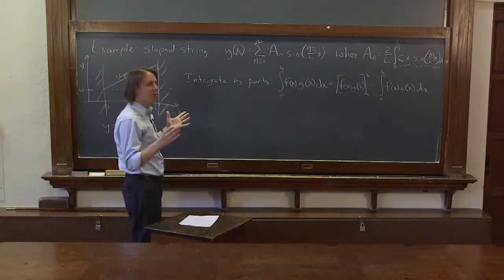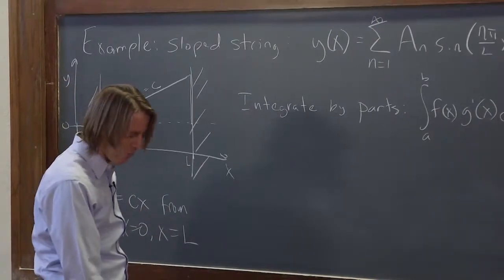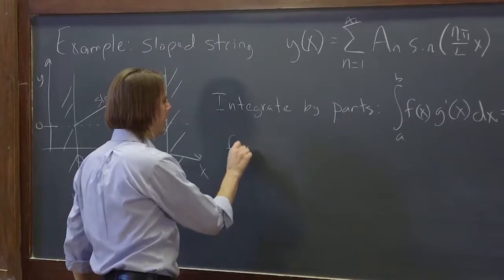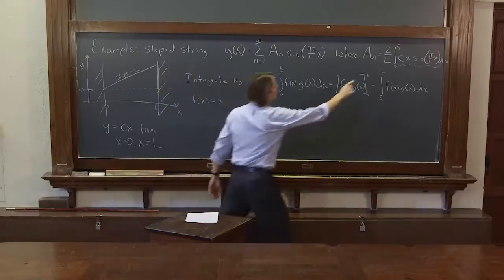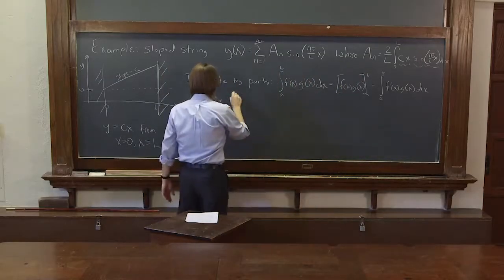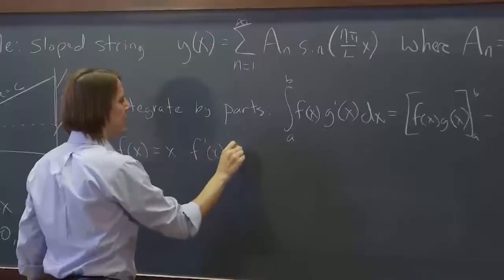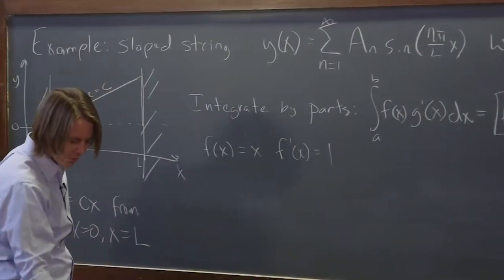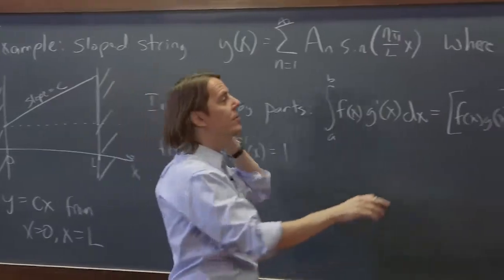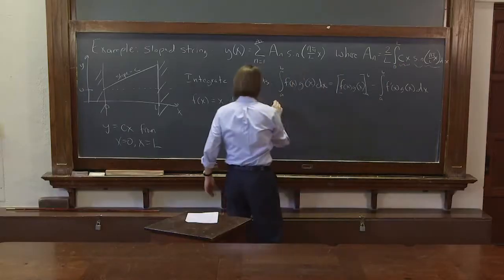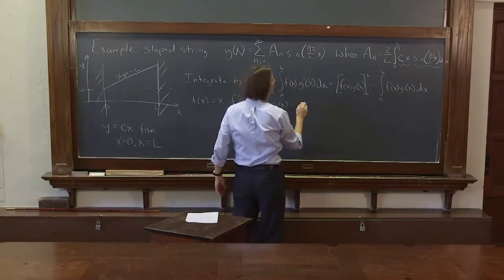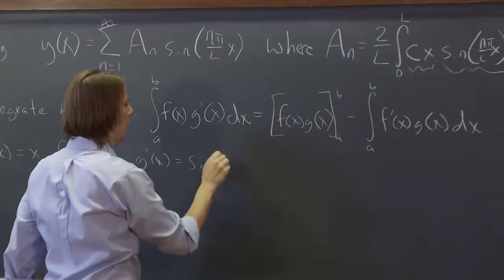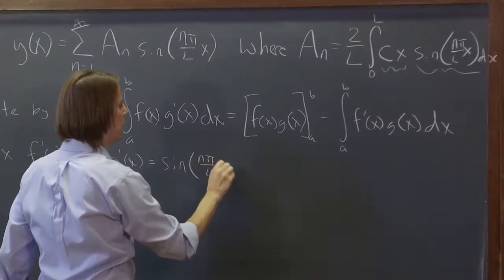But to do these, I have to be very careful. I always write out the whole thing. I remind myself, okay, f of x is going to be equal to x. We're actually going to pull the constant out. Therefore, f prime of x is equal to 1, right? That derivative is just 1. And then I say, okay, this is the g prime part. So g prime of x is equal to sine n pi over L x.